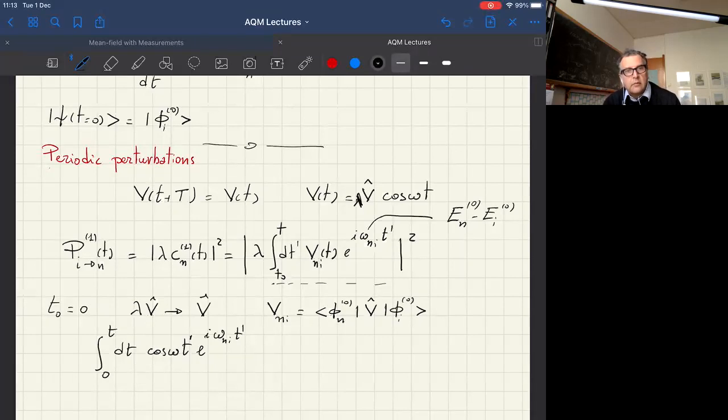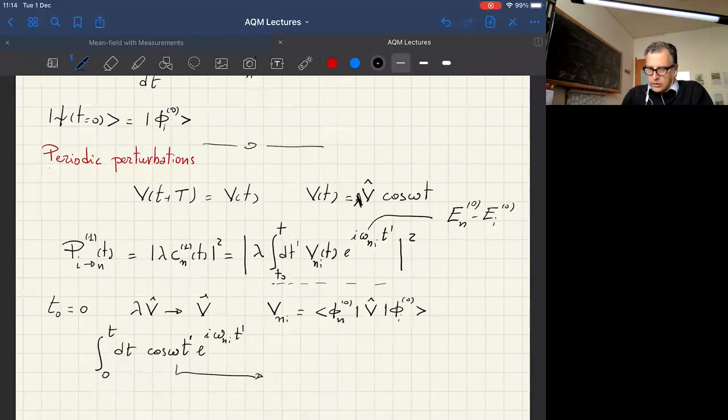Basically you have to integrate over a trigonometric function, and therefore this integral will be very different depending on how the frequency omega matches omega n I. In order to do this integral, this is something very simple.